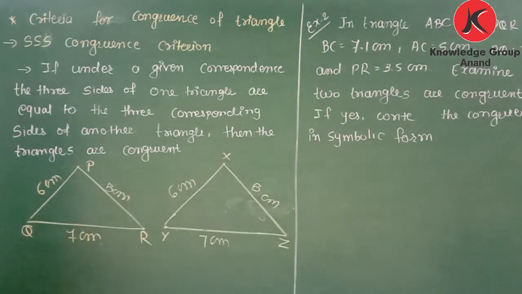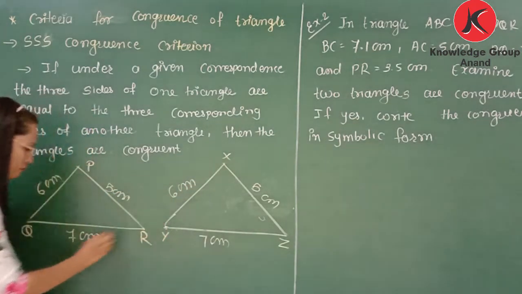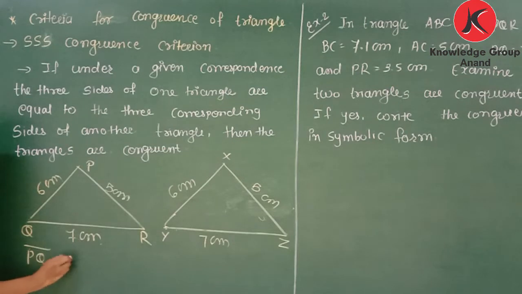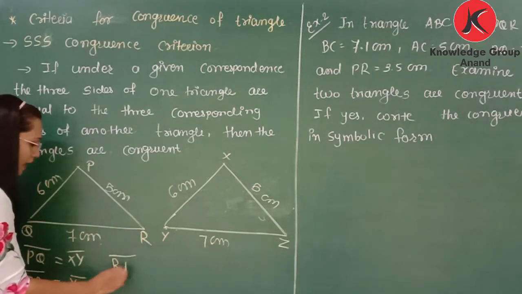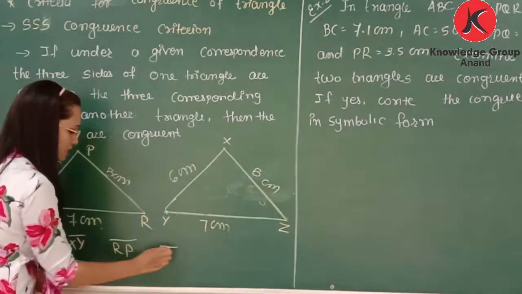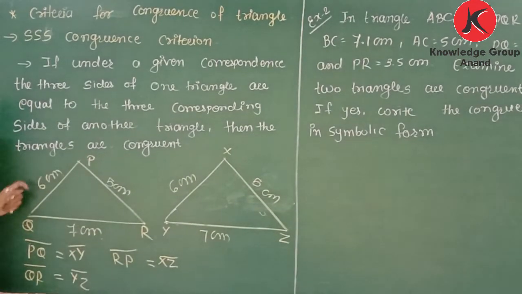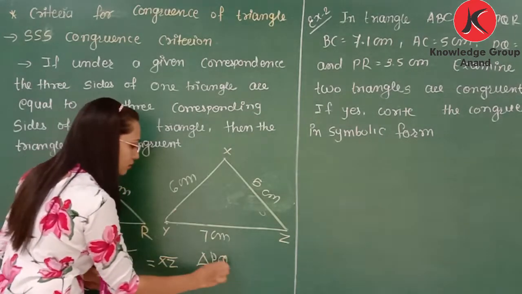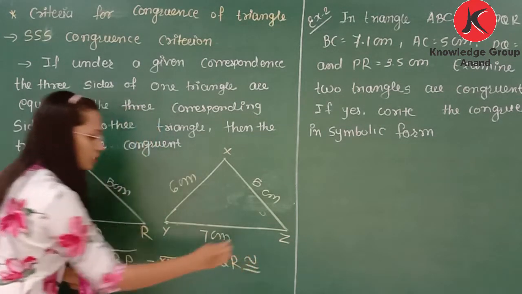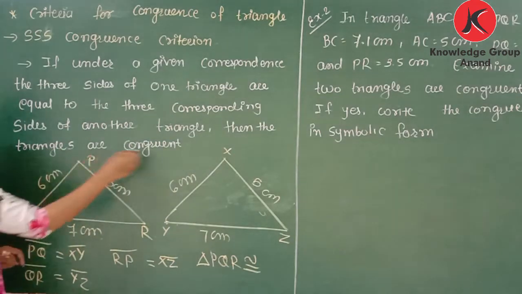Now in these two triangles, three sides are equal. So we can write PQ corresponds to XY. Why? Because PQ is equal to XY. Next, QR is equal to YZ and RP is equal to XZ. That's why we can write the corresponding parts. Triangle PQR is congruent to triangle XYZ, P corresponds to X.